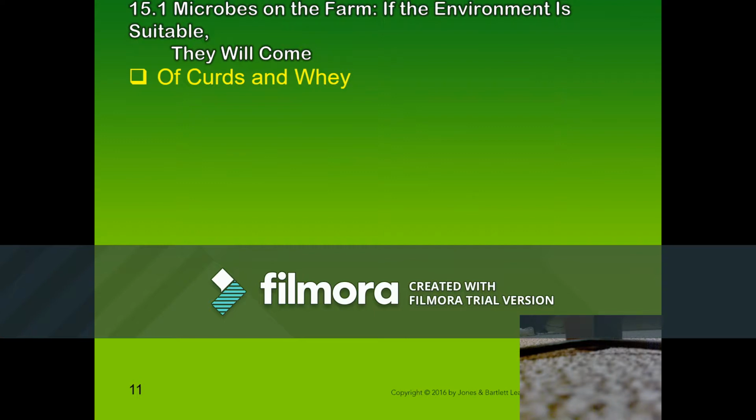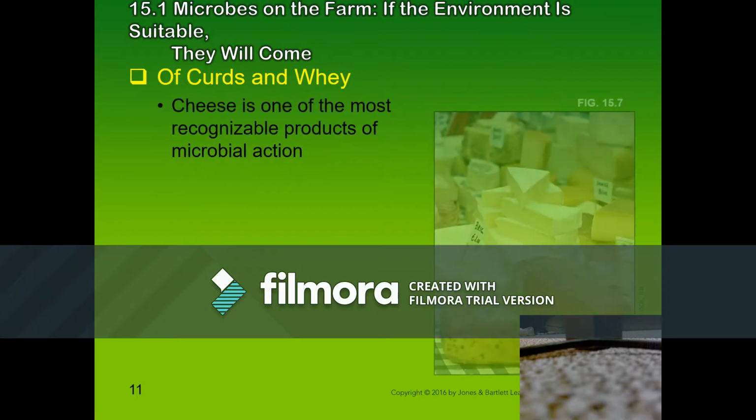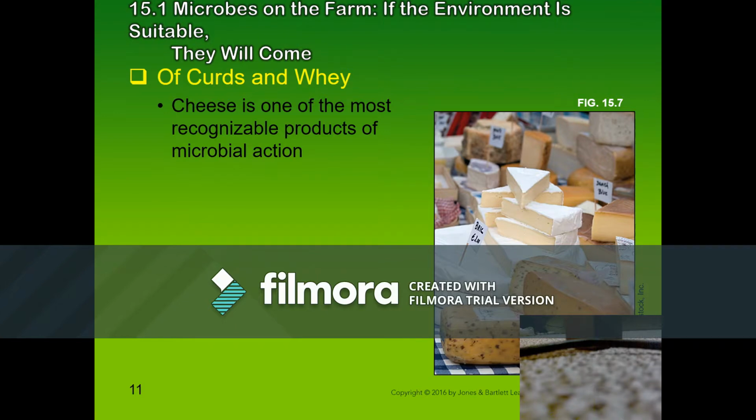Now, if we want to make cheeses from our milk, then we have to worry about curds and whey. Cheese is one of the most recognizable products of microbial action, and we can have all kinds of different cheeses based on the kind of culture that's used to start the cheese.